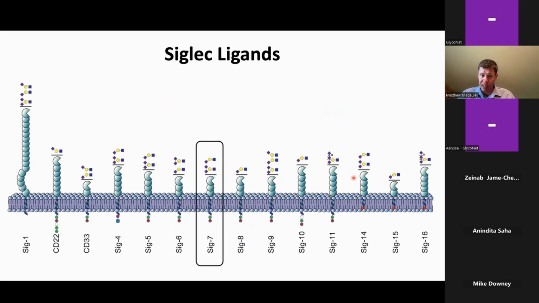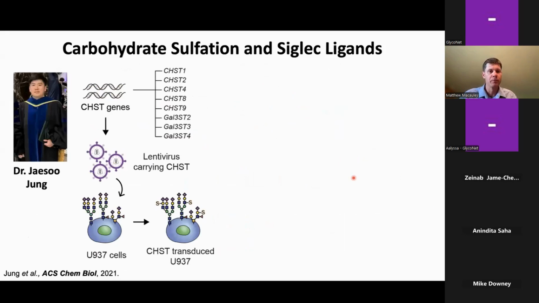I've already mentioned that Siglec 7 likes mucins, but I'm going to describe something a little bit more than that. All right, so this project started with the first PhD graduate in my lab, Jae-Soo Jung, who wanted to investigate what happens when you overexpress carbohydrate sulfotransferases in a cell. How does this potentially enhance Siglec ligands?